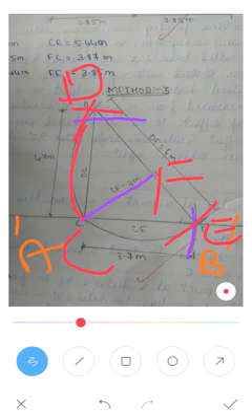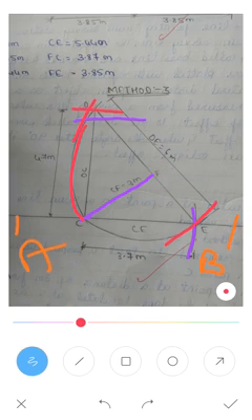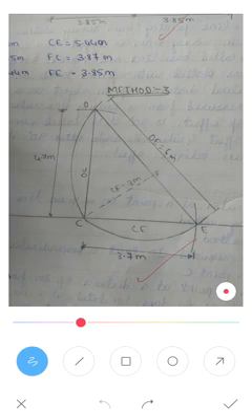Our main objective is to draw a perpendicular or an offset at the given point, and my given point is C. This is how the simple setting of a survey line works, erecting the perpendicular at point C in a baseline A and B.